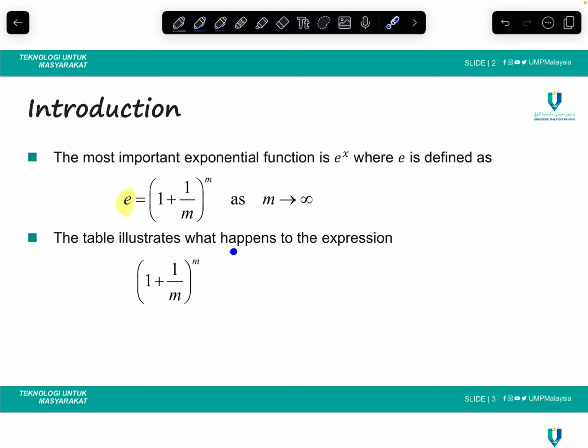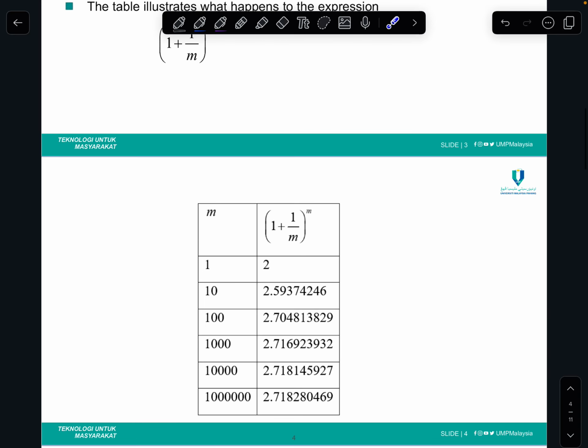The table illustrates what happens to the expression of e. As m increases, look at the m column: 1, 10, 100, 1000 and so on, the value keeps increasing, but it reaches a certain value. For example, if m equals 1, the value equals 2. If m is 10, you get 2.5, 100 gives 2.7, 1000 gives 2.7, and eventually it reaches 2.718.